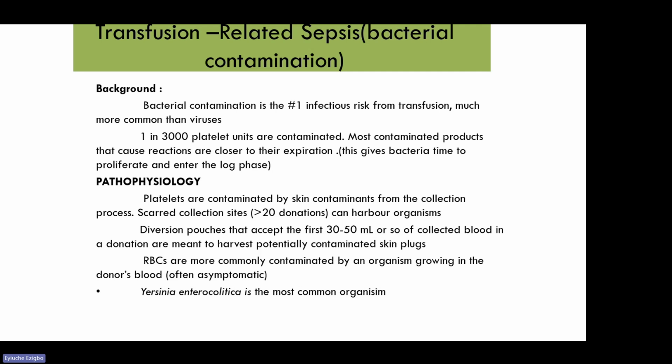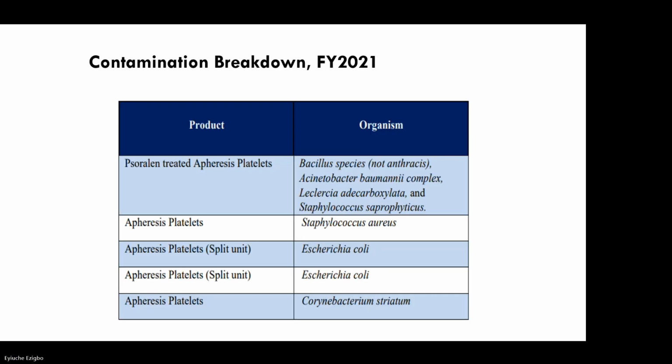The most common organism implicated in transfusion-related sepsis is Yersinia enterocolitica. Okay, if I got it right. So contamination, this needs to be updated. This is the apheresis procedure for producing platelets.